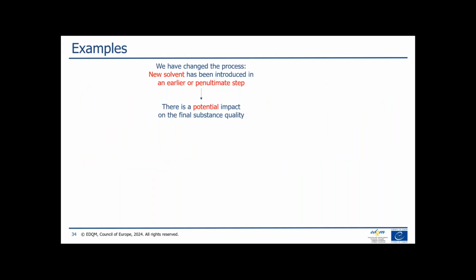Also, this is an example for what happens if we are introducing a new solvent somewhere in the process, which is not the last step. So there is a potential impact on the final substance quality. Now we analyze the level of this solvent in final substance. Are there changes on the CEP?